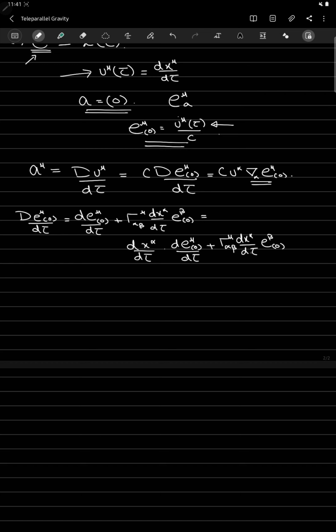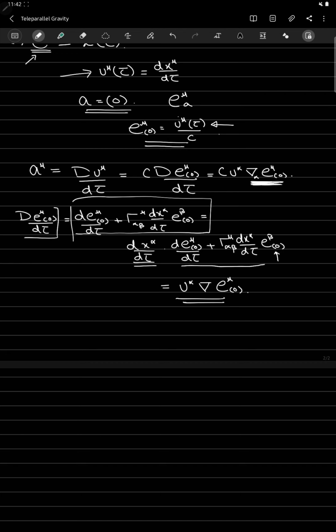And then we know that this thing is nothing but your u alpha, and this part is just the covariant derivative acting on the vector field e0. So you have the covariant derivative of e mu 0. I just did this to tell you where I got this thing from. So this thing is actually this thing.